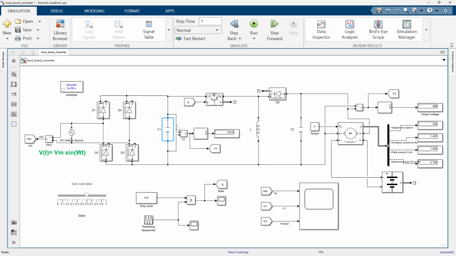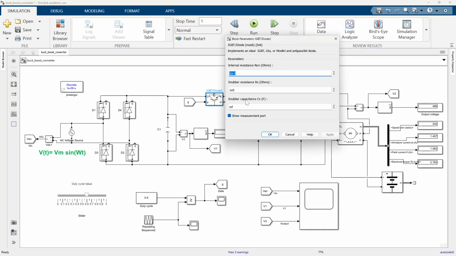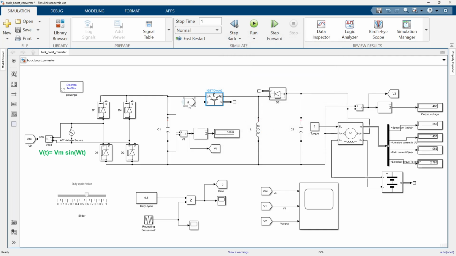Next we have a buck converter. Firstly, one IGBT which has a gate pulse from the gate pulse generator here.